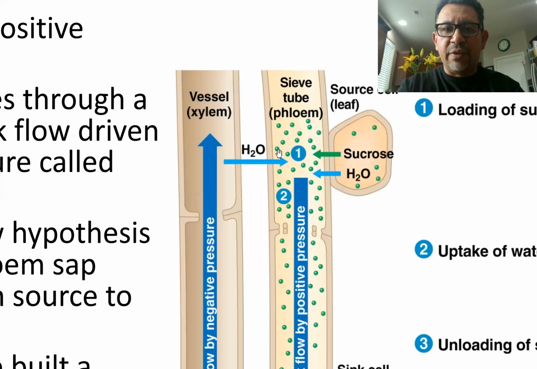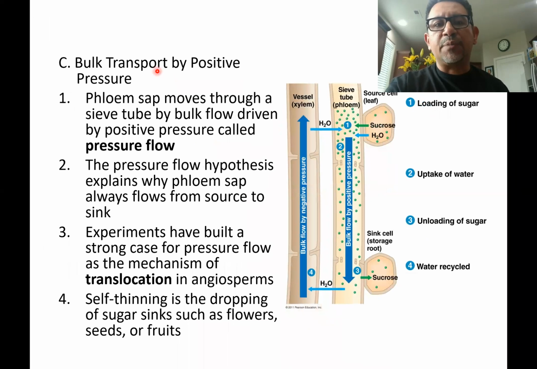And the only way this solution can go is going to be away from the source down towards the sink. For this reason, we say that bulk transport in the phloem is going to be driven by positive pressure. This is also known as pressure flow, and it's characteristic of how sugars are transported from sources down to sinks.